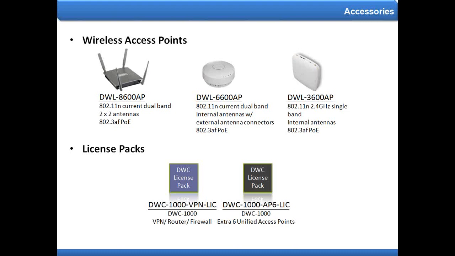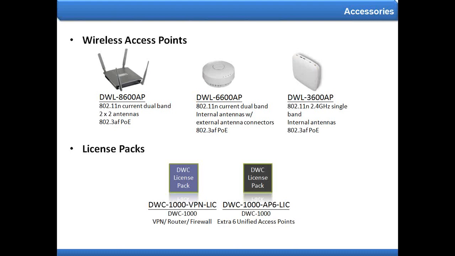The DWL6600AP is also a concurrent dual band access point with internal antennas, so it supports 2.4 and 5 gigahertz N simultaneously. It is also a plenum rated design, so it could be mounted on the ceiling or above the ceiling in plenum rated areas. But it does offer an unobtrusive smoke detector style design, a little bit more appropriate for office spaces.